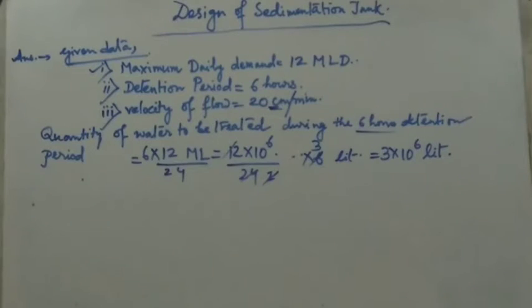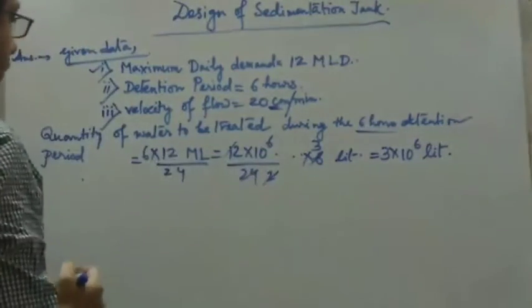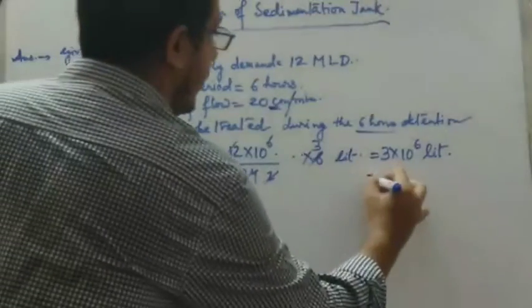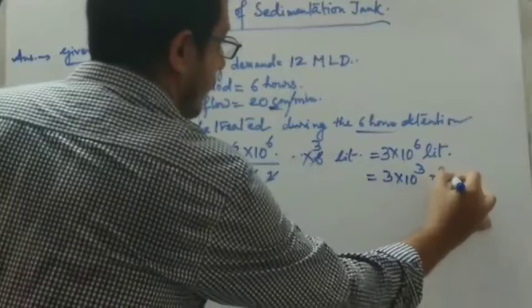Now if we convert it into meter cube, it will be multiplied by 10 to the power minus 3. So we can write 3 into 10 to the power 3 meter cube.